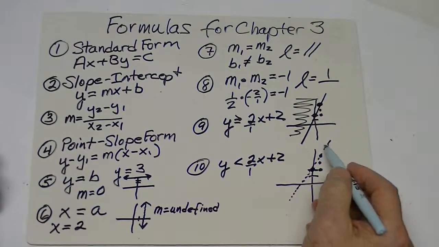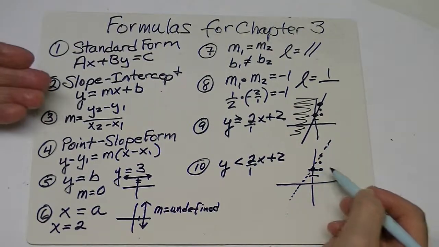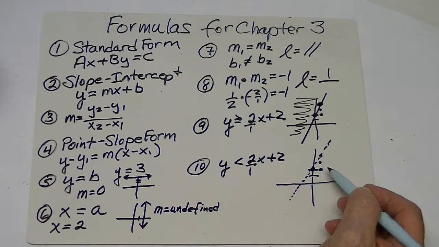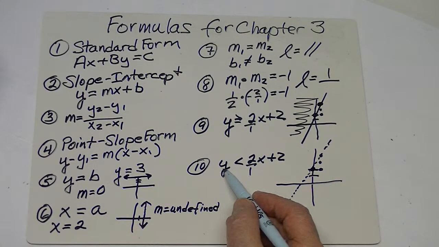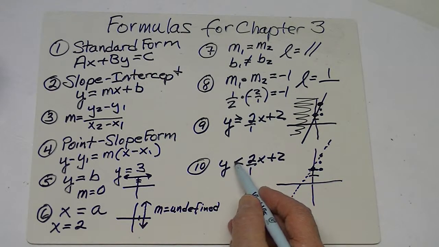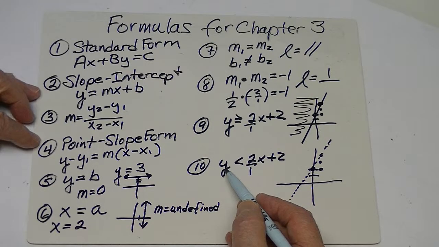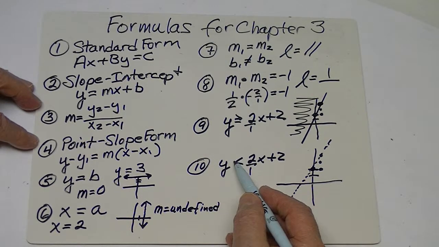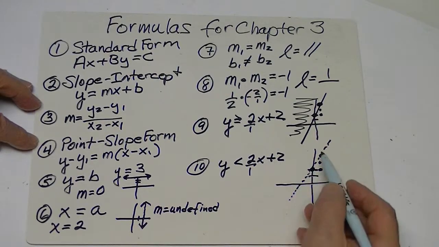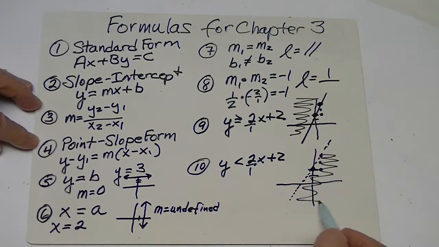That indicates the points along this line are not included in the set. And here we have y is less than. Whenever a positive y is less than, we shade under the line.